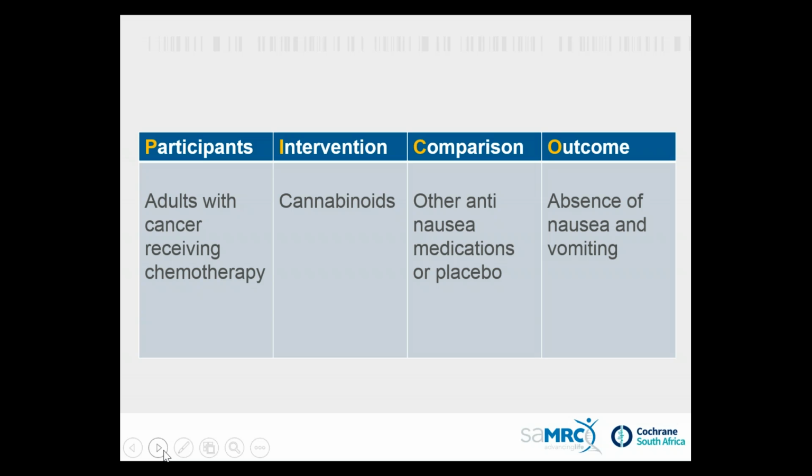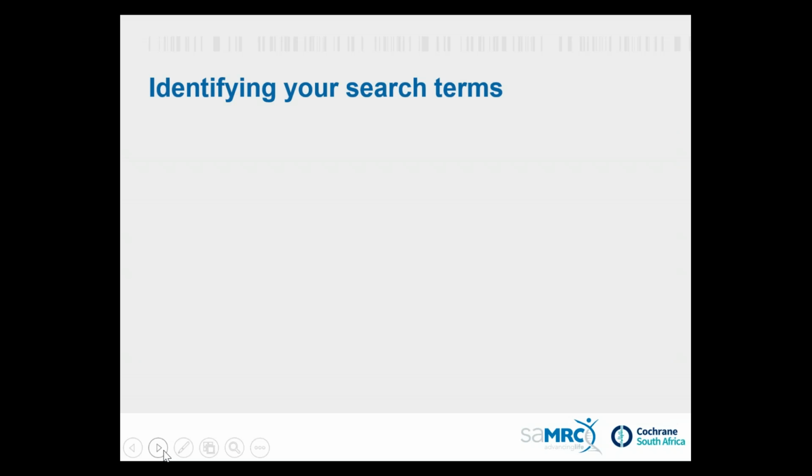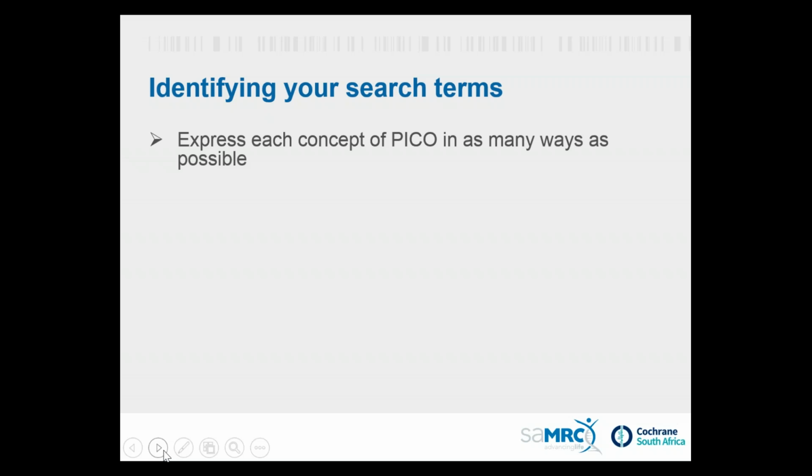Now once we've identified our PICO, the next step is to take each of those concepts. Your participants and your interventions would be the two most important concepts that you will use when you further develop your search strategy. You will have to identify your search terms, and express each of those concepts of the PICO in as many words as possible.